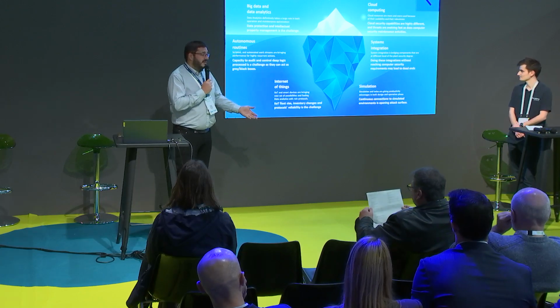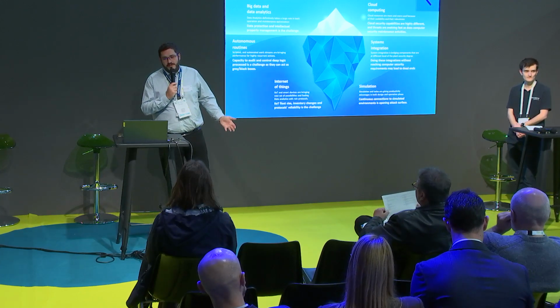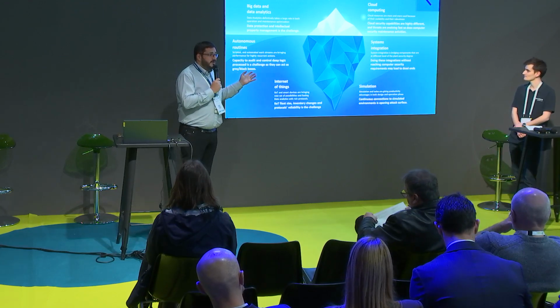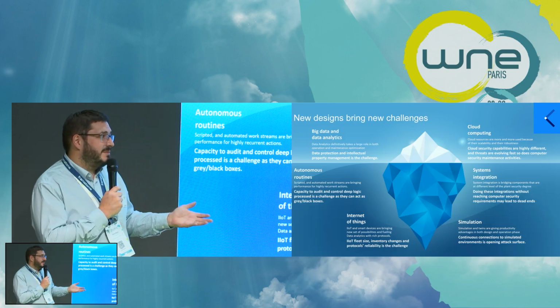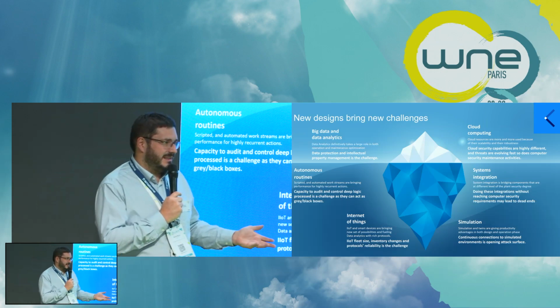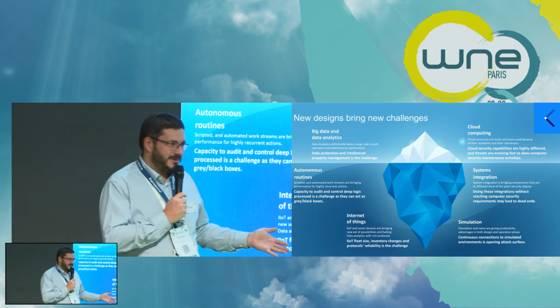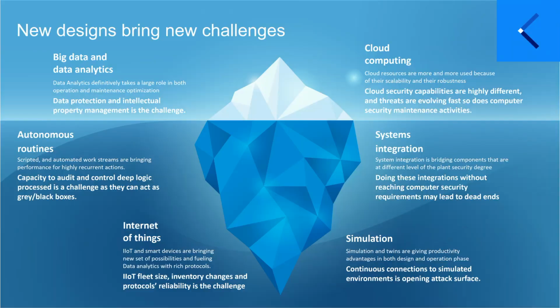And for these, we need to manage the embedded technology. For autonomous routines, you need to manage predictability and auditability for these techniques. For simulation, you need to manage the scenarios. And for system integration, complexity brings additional validation scenarios.